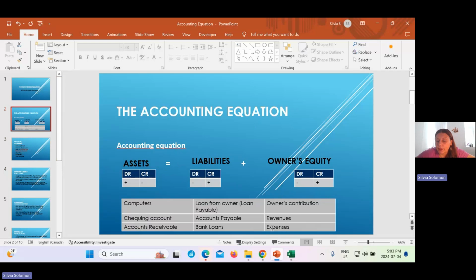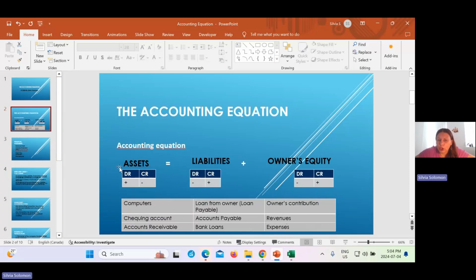That means that if expenses increase, they are going to be debited. And if the expenses decrease, they are going to be credited, okay? But this, we're going to have examples.